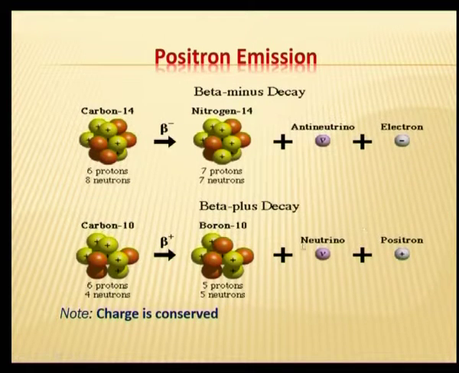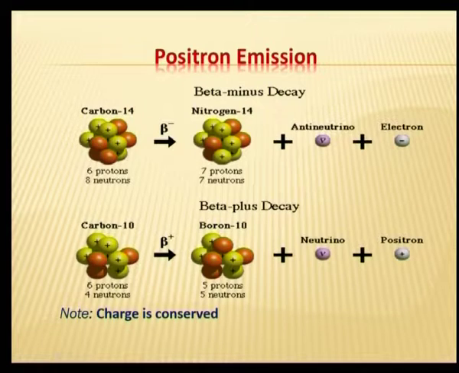On the other hand, carbon 10 will give rise to a positron. What is a positron? A positron is the antiparticle of the electron. The electron has a negative charge and the positron has a positive charge, and the mass is exactly the same as that of the electron. Here again I want to impress upon you that charge is conserved.